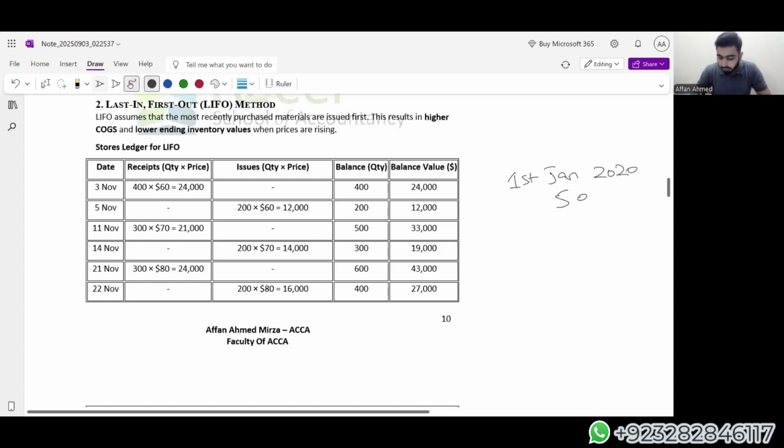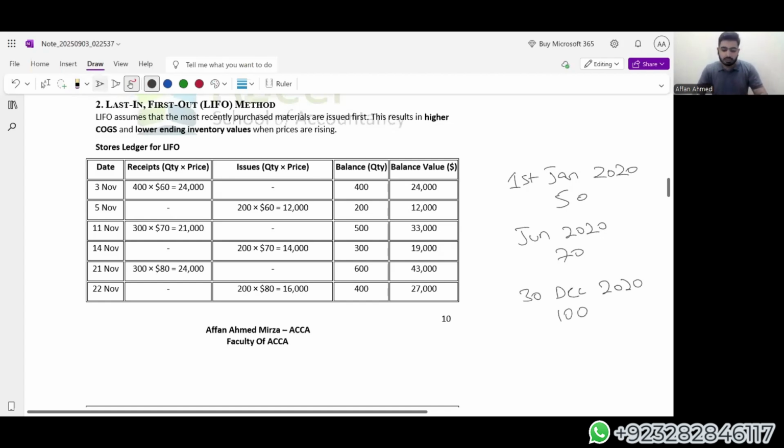After that, we bought in June 2020 a bag of chips for 70. Next, we purchased on 30th December 2020 a bag of chips for 100. Okay, now you have three examples.